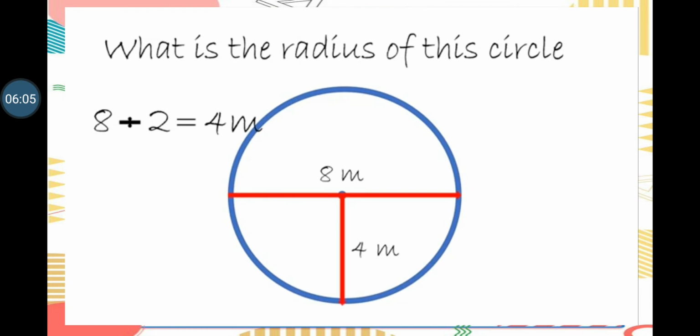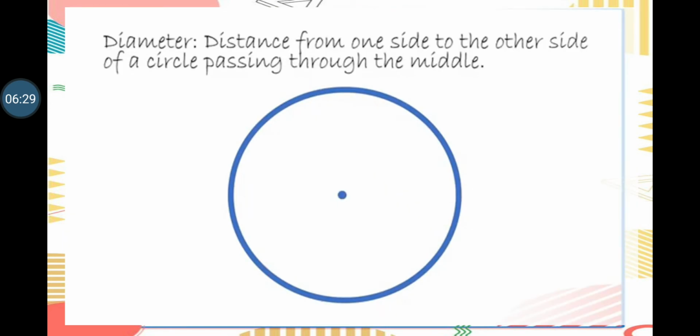I hope, my dear students, it's clear to you how we can calculate the radius when the diameter is given and how we can calculate the diameter when the radius is given. Always keep in your mind that the diameter is double the radius and the radius is half of the diameter.